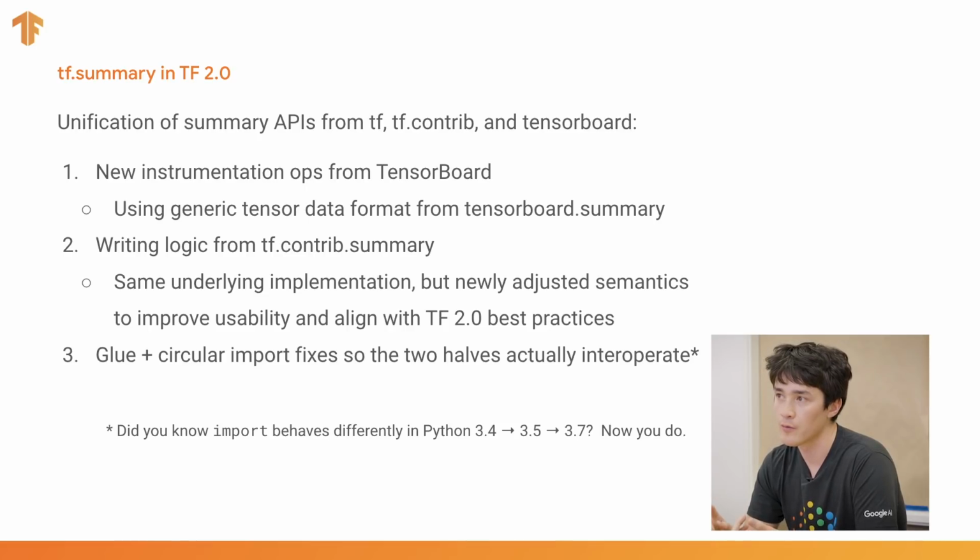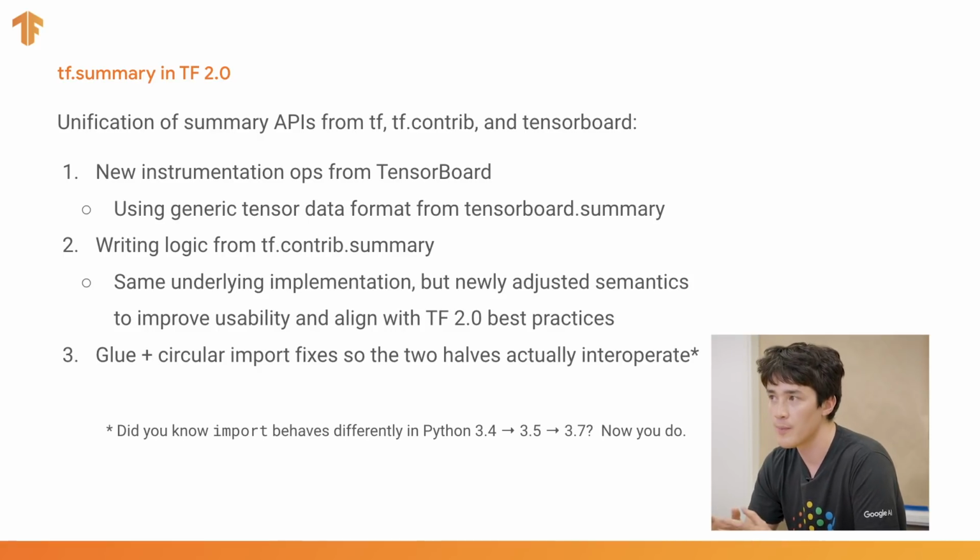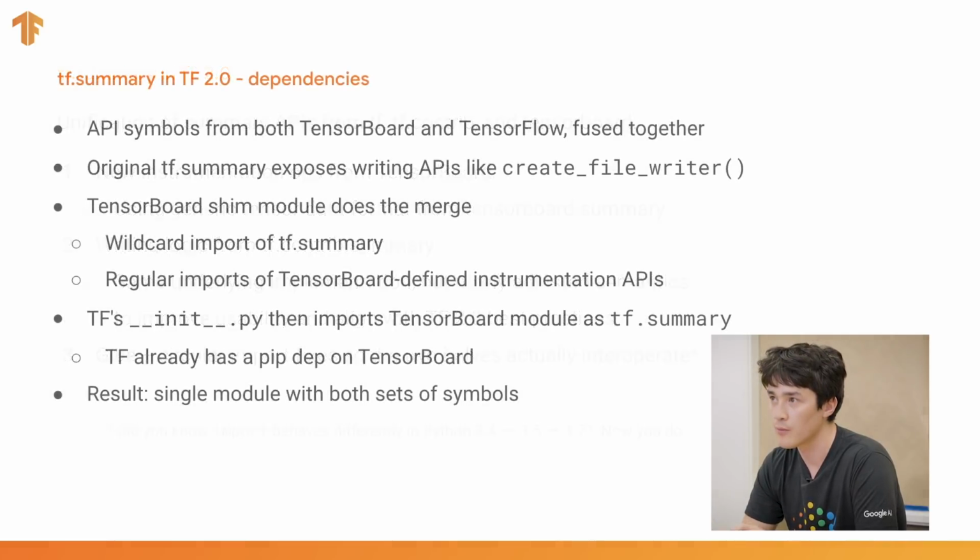We borrowed the implementation of the writing logic from tf.Contrib.Summary and some of the APIs, but with slightly adjusted semantics in some places, mostly just so that we align with the state management in TF 2.0. And then there's actually a not trivial amount of glue and circular import fixes to get the two halves of both TensorBoard and the original TF summary writing API to talk to each other. And I'll go into a little bit more detail about that.